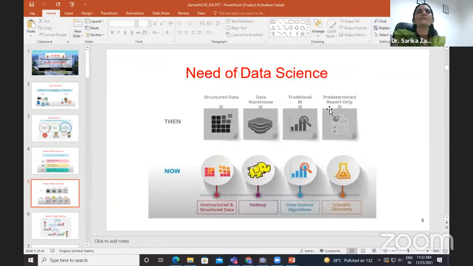This is what previously happened with the data, even though at that time also the data was very huge. Now, because of IoT, because of the cloud, because of the internet in each and every aspect of our life, things have changed. Previously, the online shopping I do was not considered by any organization in their data warehouse.